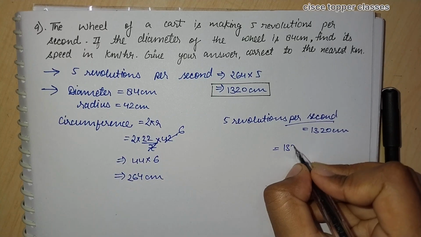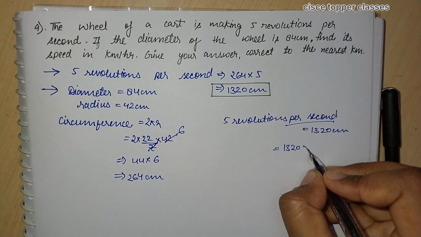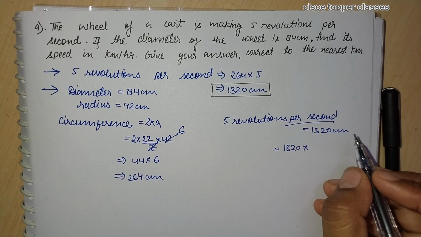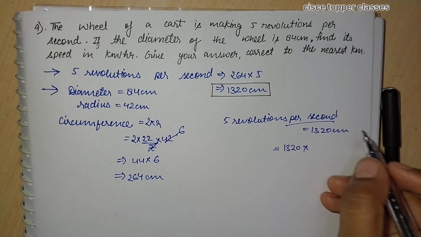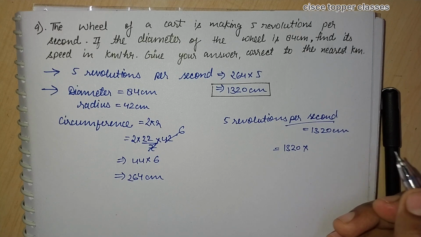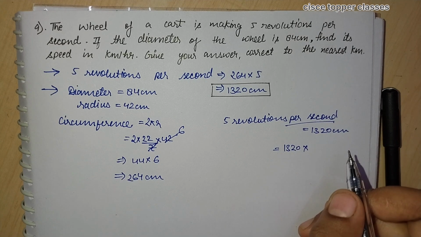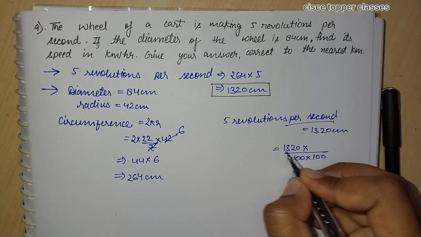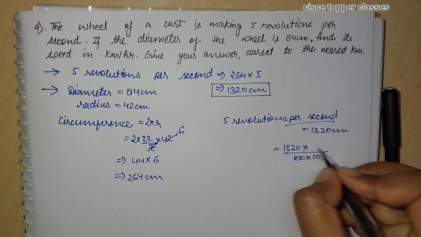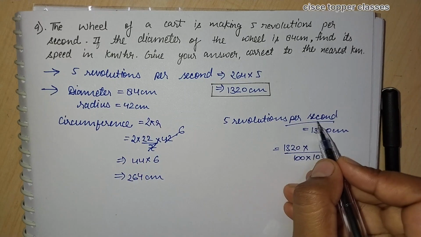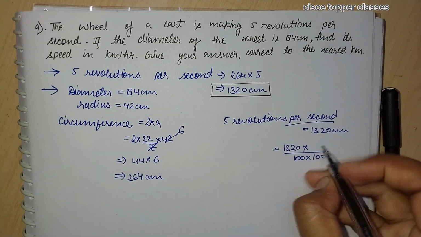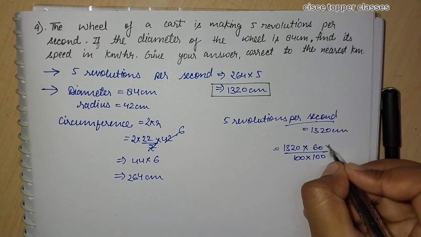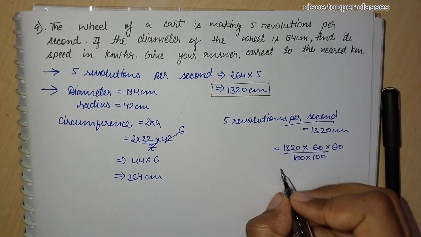So we put 1320 divided by 100 and 1000 to convert it into kilometer, because 1 meter is equal to 100 centimeter and 1 kilometer is equal to 1000 meter. And we multiply by 3600, because we have to find it in an hour, and 1 hour is equal to 60 into 60 seconds, that is 3600 seconds.